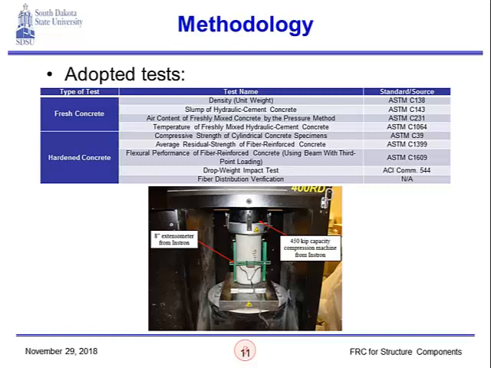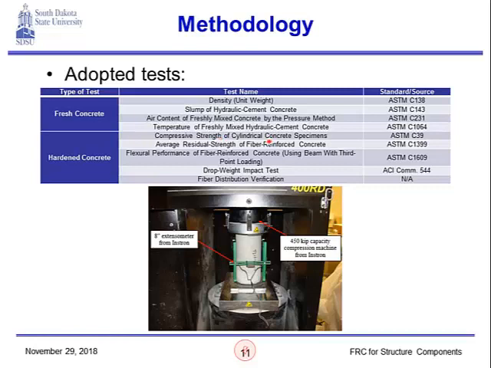And then for the hardened concrete, we did the compressive strength, which at the beginning we anticipated the fibers shouldn't have an effect on, but as we will see in the results, we did have some effect.